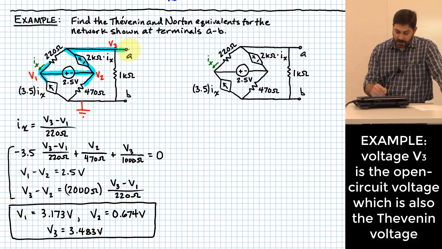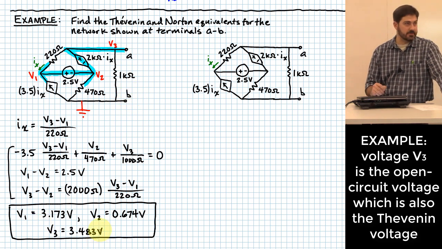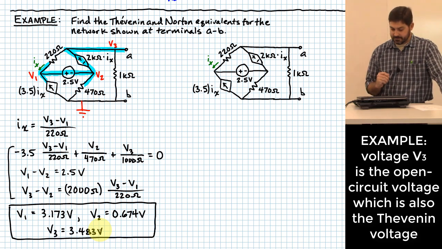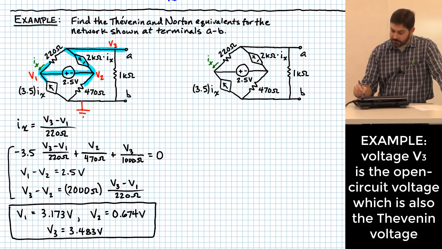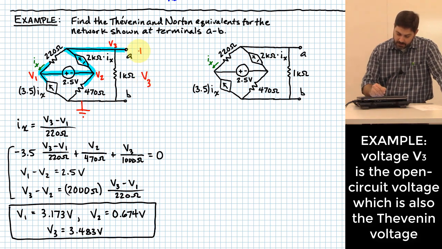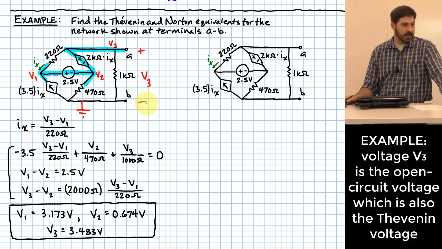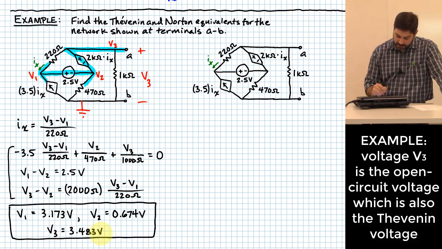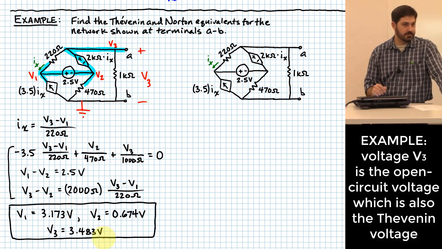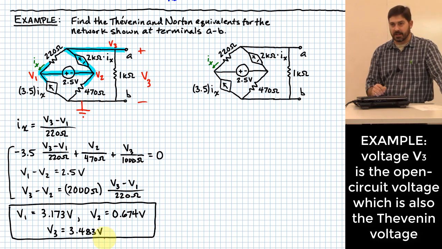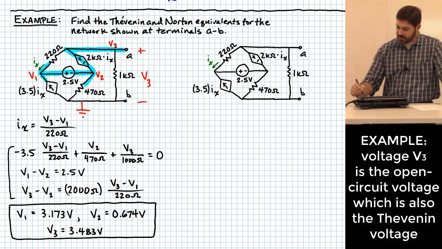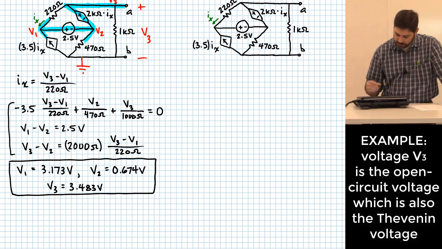With A and B unconnected to anything, I'm figuring out the voltage across them. Do I have that voltage represented anywhere in my results? I do, right? Another way of saying V3 is the voltage from the ground node to that upper node. So V3 is my Thevenin voltage. I didn't have to do any post-processing after my nodal analysis. I just came up directly with what my Thevenin voltage was.